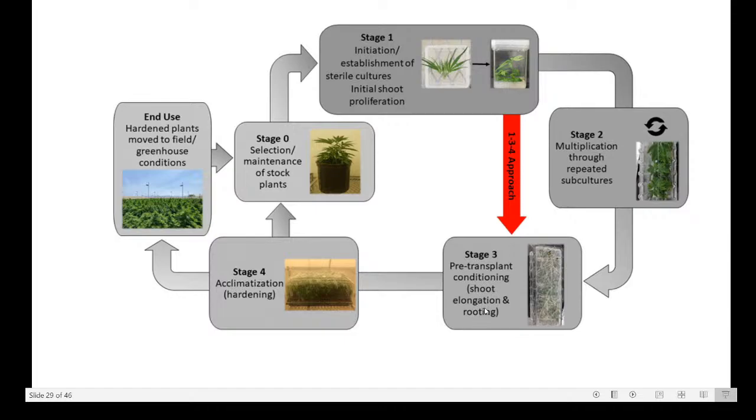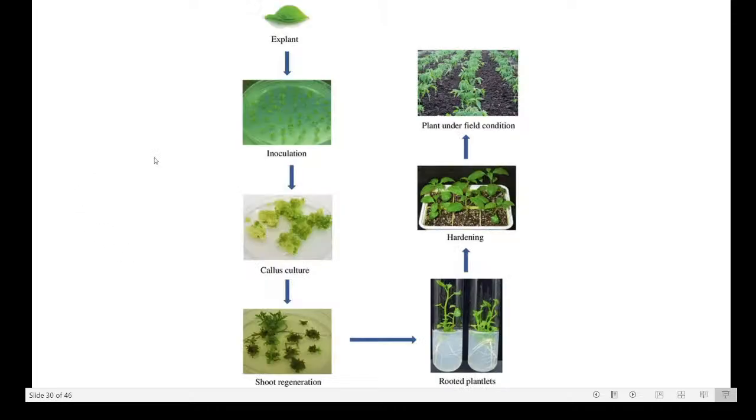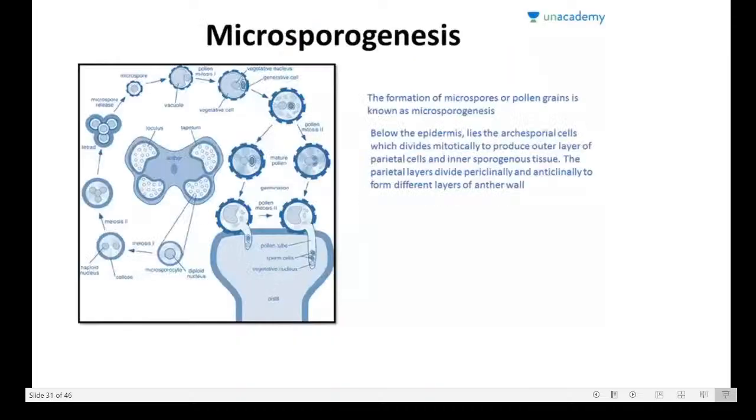Shoot elongation is there and rooting is there. After that, the fourth stage is acclimatization. This is a harvesting process. After the harvesting, we can move this to the greenhouse. Okay, these wordings are very important from your examination point of view.